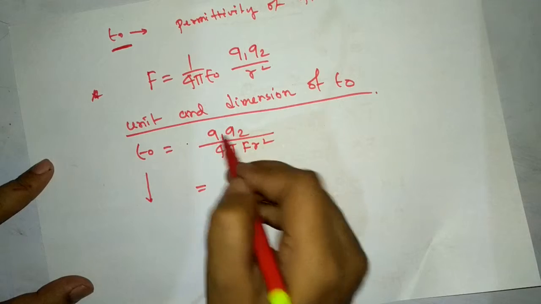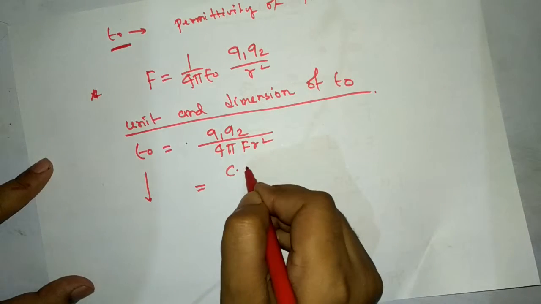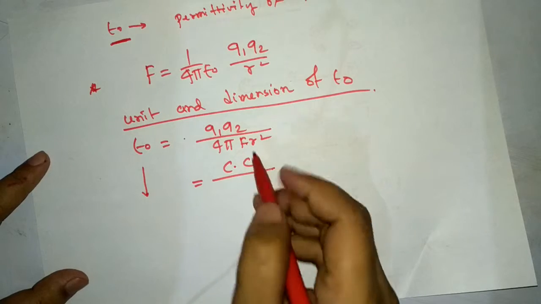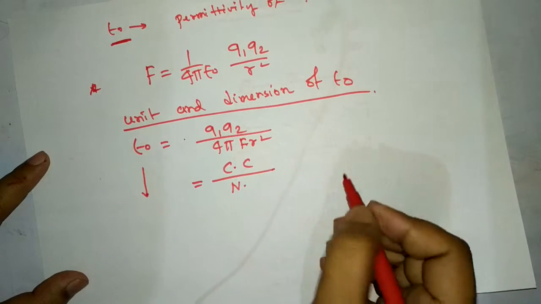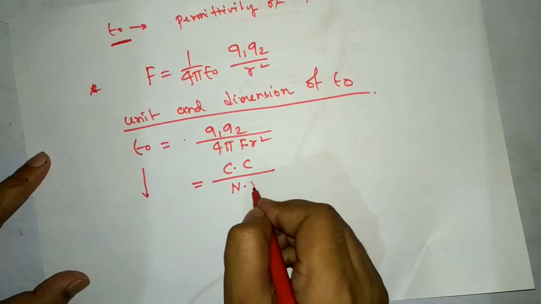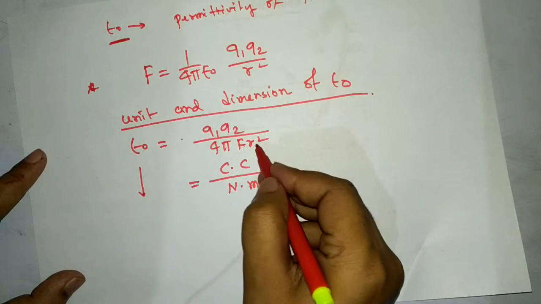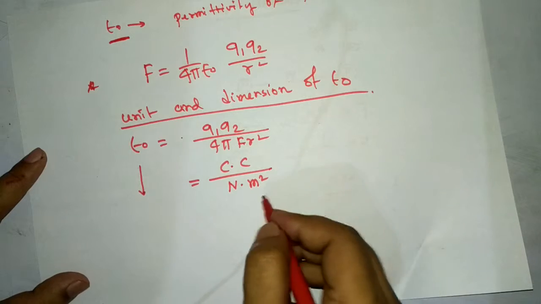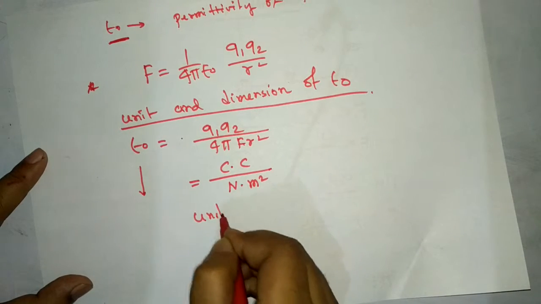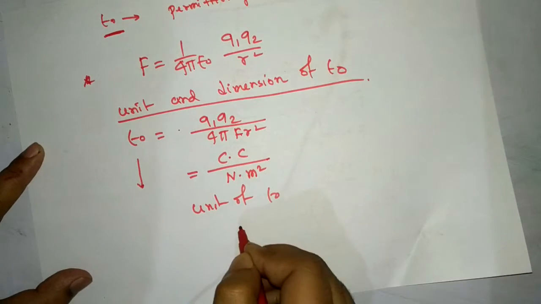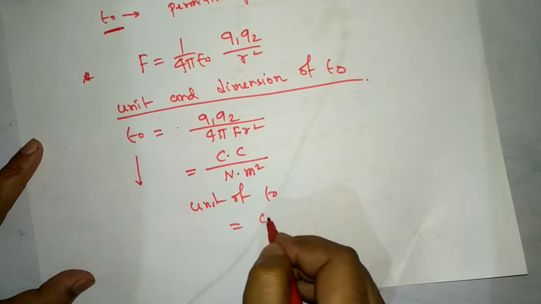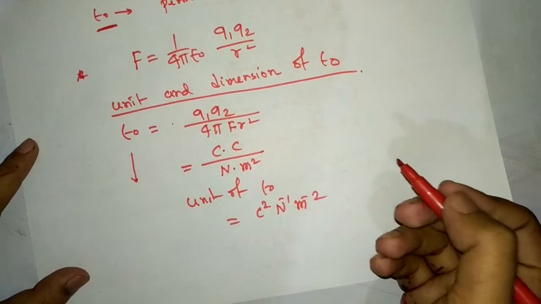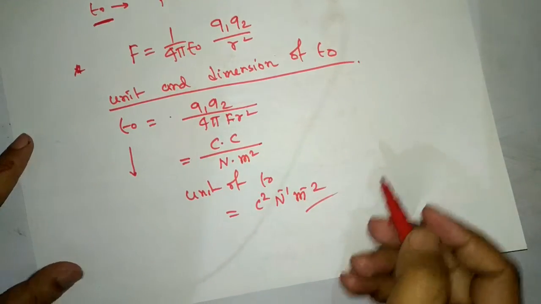We know the unit of charge is Coulomb, so Coulomb into Coulomb, the unit of force is Newton, and the unit of distance is meter, so r square is meter square. So the unit of epsilon is Coulomb square Newton inverse meter to the power minus 2.